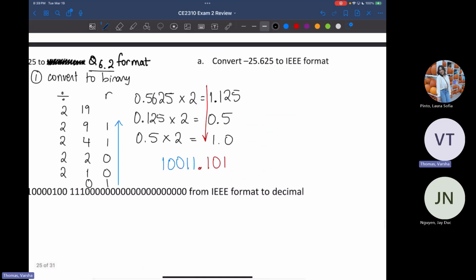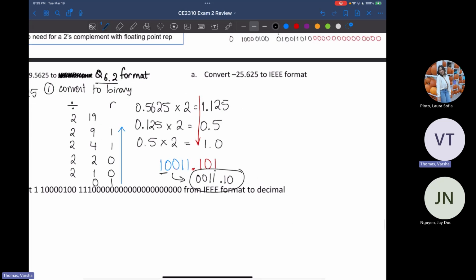This means that you have 6 total bits to represent it. 2 of them have to be your decimal portion, or your fractional portion. So let's keep the 2 bits after the decimal, which means we have 4 of them left to begin with, 0011, and this is your final answer. This is an example of both overflow and underflow because the greatest part of your number has been chopped off and so has the smallest part.